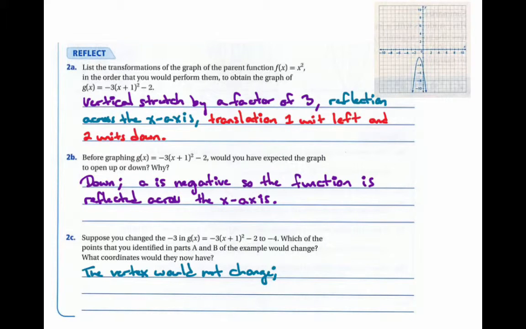So instead of going over 1 and down 3, now we'd be going over 1 and down 4. So the points in part B would change. If we're moving left 1, so our x would be negative 2, and our y now would be negative 6, because we moved down 4.